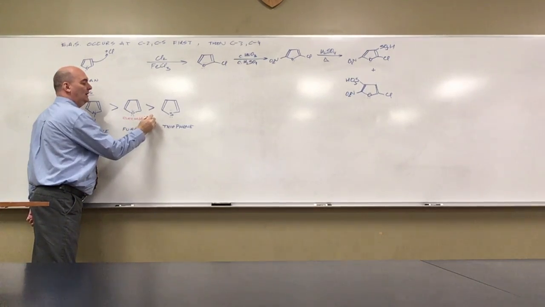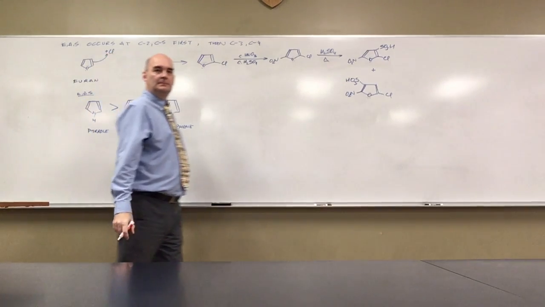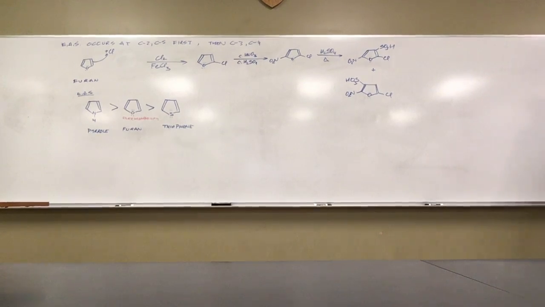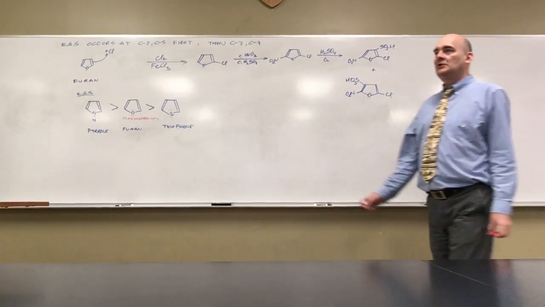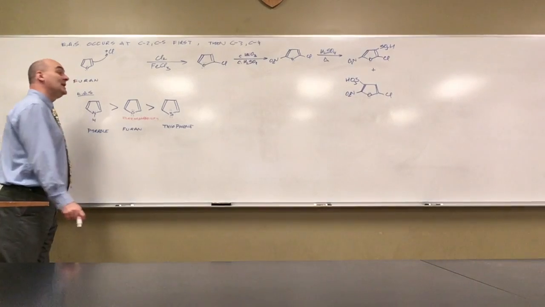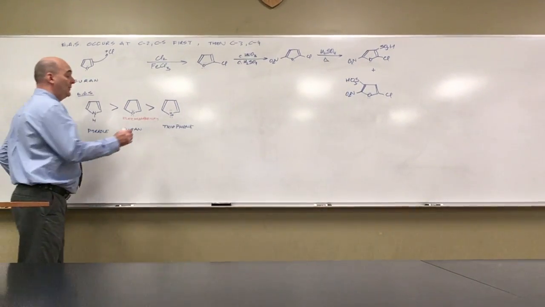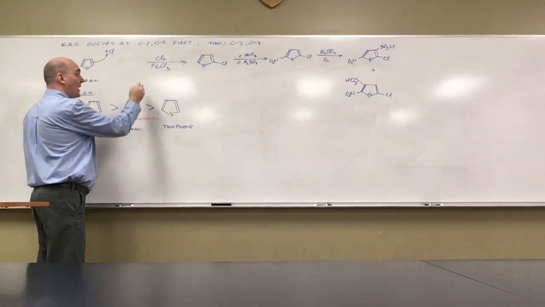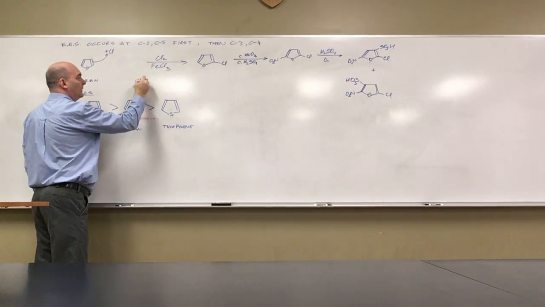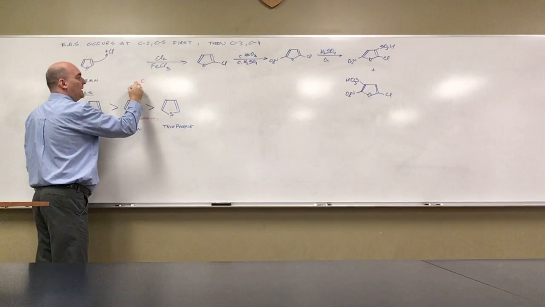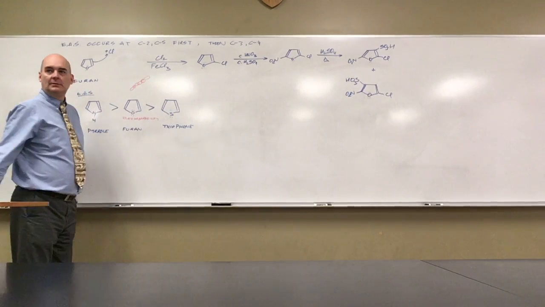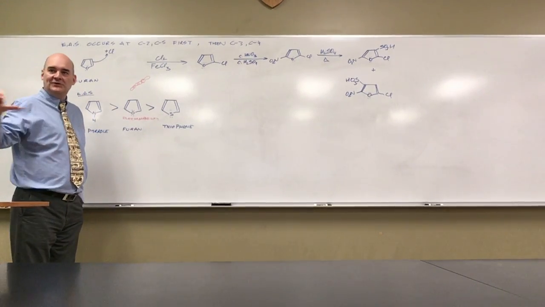What about the difference between oxygen and sulfur? What's the obvious difference between sulfur and oxygen on the periodic table? Size. Sulfur is significantly larger. And if we're thinking of orbital overlap between, here's an oxygen and here's a carbon, the p orbitals that make that bond are the same, they belong in the same family, they're in the same period.